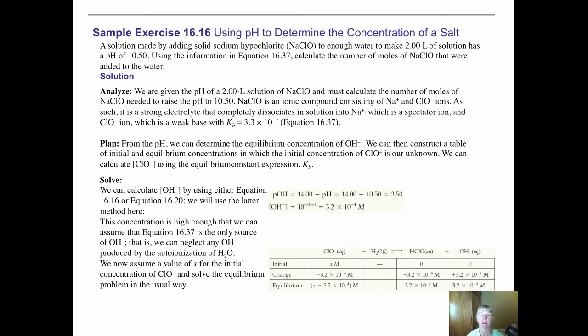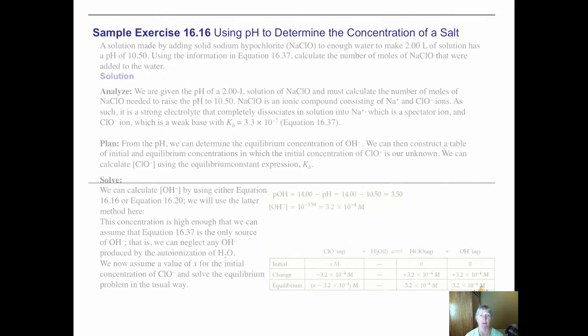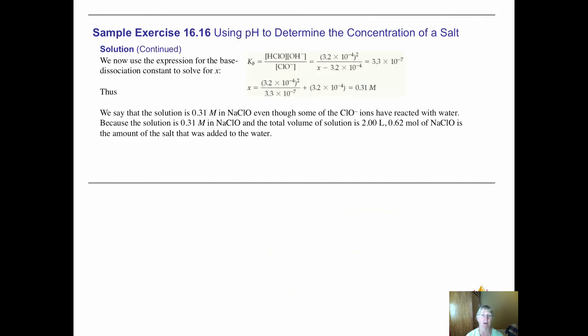They want me to calculate the number of moles of that salt with the hypochlorite ion that must have been added to this water, and we won't forget that they've made it one level of difficulty higher. They gave me a 2-liter solution. So I've written an expression for what you see down here, and that's something you would always get points for on the AP exam, at least setting up the table, writing the equation, showing the expression.